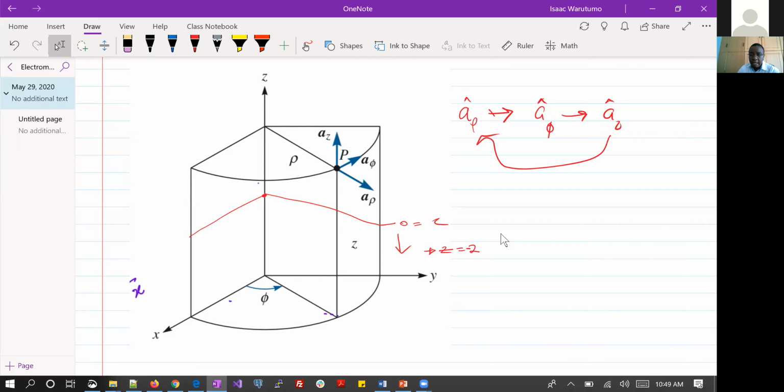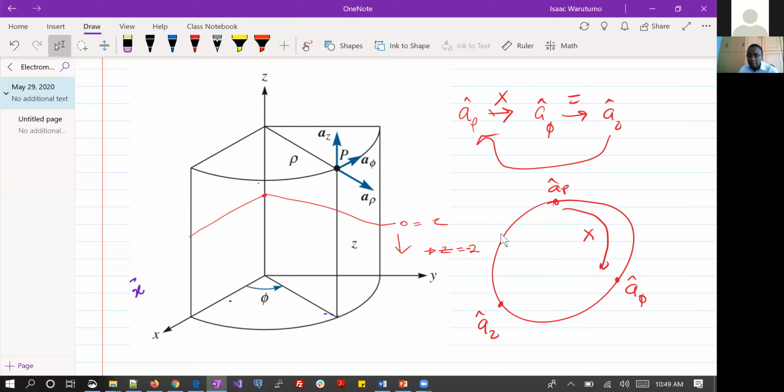So you can say that A rho cross A phi is equal to AZ. You can also start the other way around. I think the best one was to draw A rho at that point, then A phi at that point, then AZ at that point. Then you are going clockwise. So you see that A rho cross A phi gives you AZ.